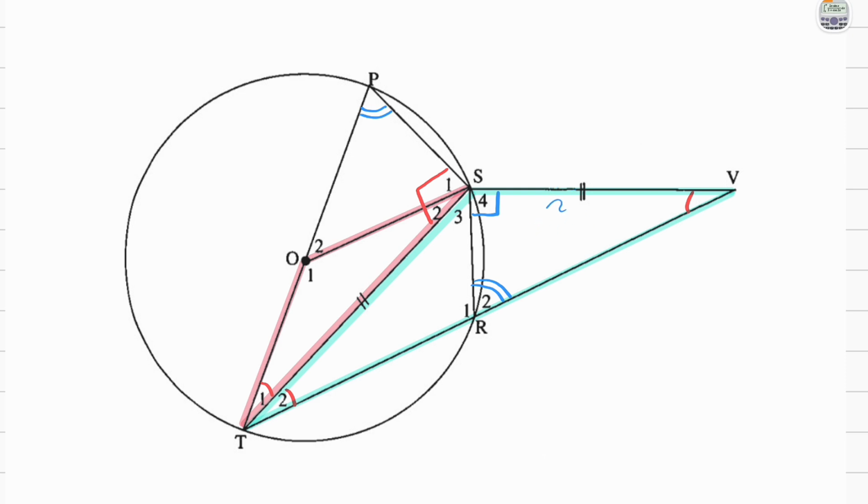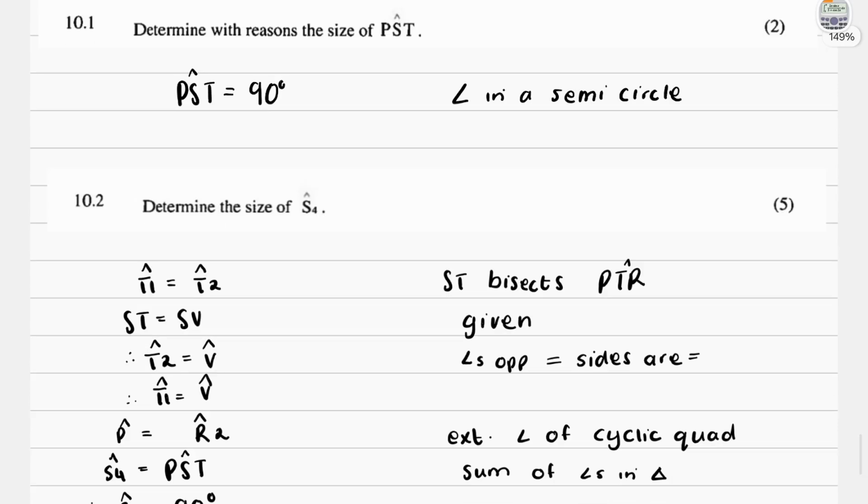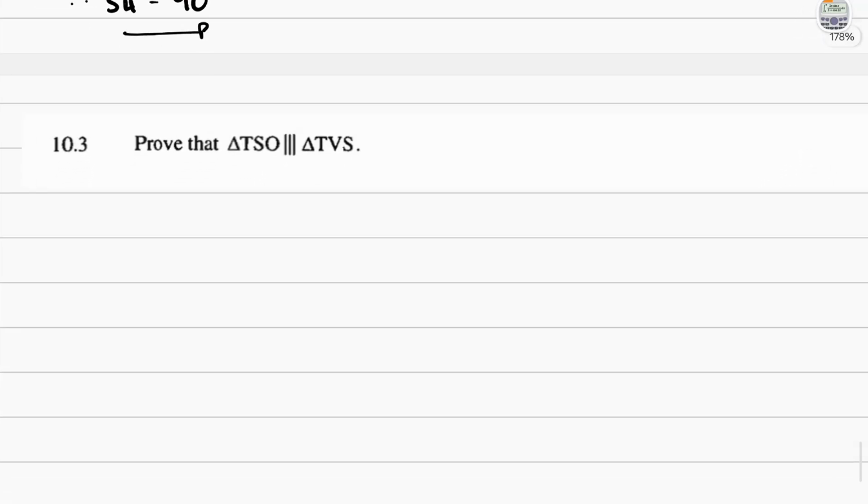Now, in these triangles, if we have to prove that they are similar, then we need to show that all their corresponding angles are equal. So we already have two angles equal in both triangles. Angle T1 is equal to angle T2. We can tell them that we already know that, but we have to introduce the triangles first.